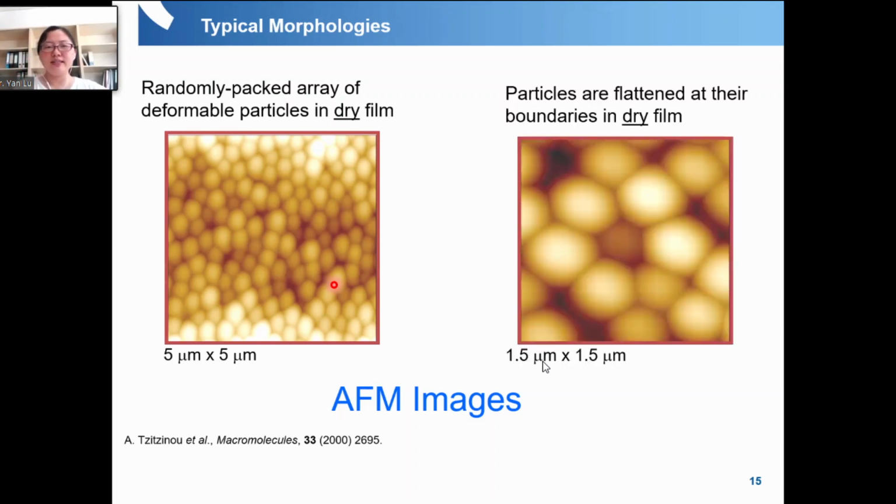Here you can see that when it's dried, the particles form a randomly close-packed array. Also, especially at the boundaries, the particles have a flattened boundary between them. This directly confirms the deformation of the particles after drying.